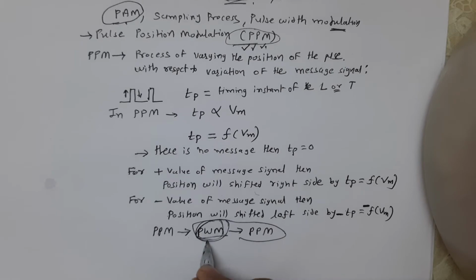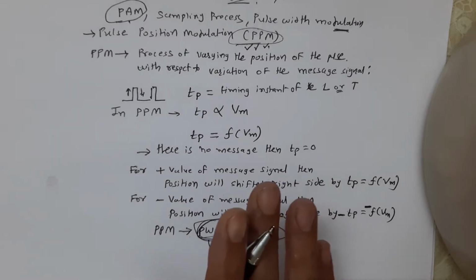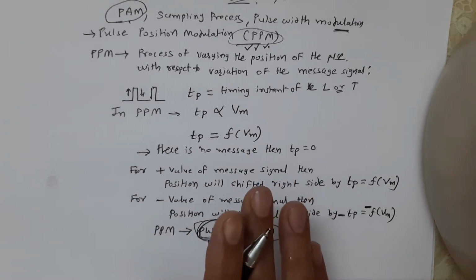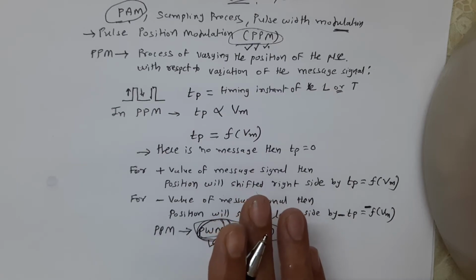So the generation of PWM is necessary. This is one process to get the PPM waveform. Now we will see how it is generated, as illustrated in the figure.